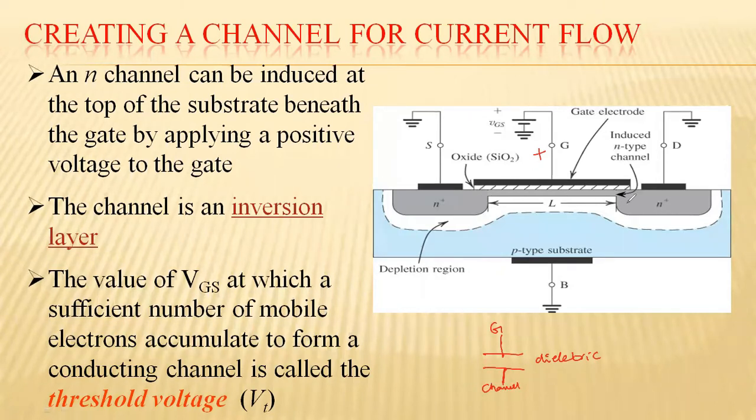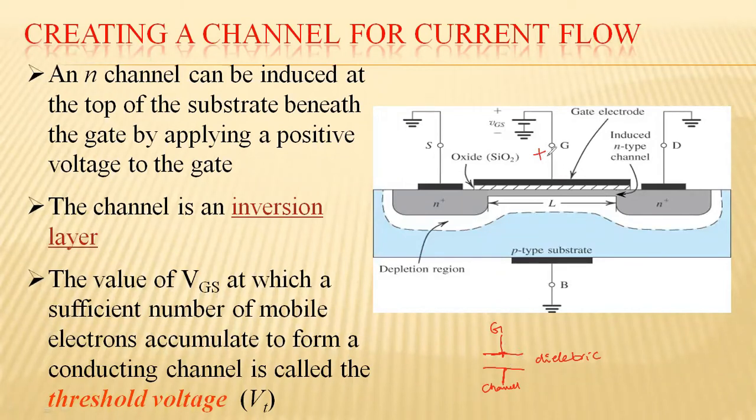So the region between source and drain below this gate region is the channel region. Now, along with this gate metal and this channel region, this acts as a parallel plate capacitor. Internally between these plates we have the dielectric, and this width is very small, so that this has more capacitive effect. So this acts as a parallel plate capacitor.